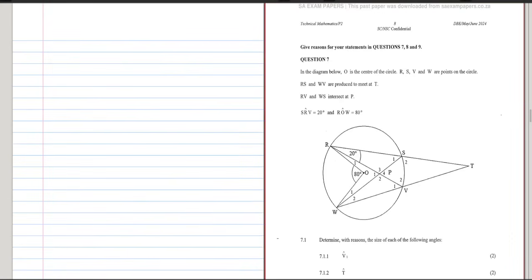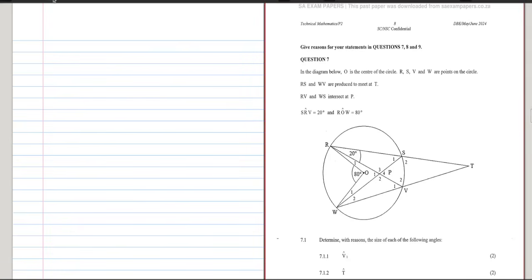R, S, V, and W are points on the circle, so they lie on the circumference. RV and WS are produced to meet at T. RV and WS intersect at P, and we are given SRV as 20 degrees and ROW as 80 degrees.